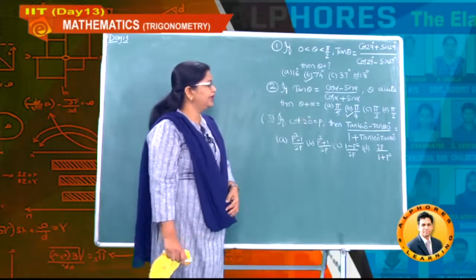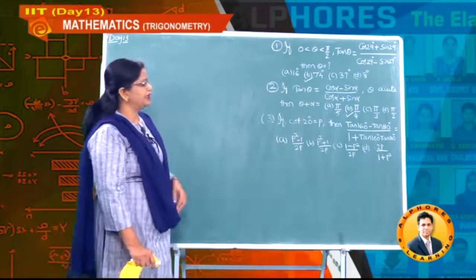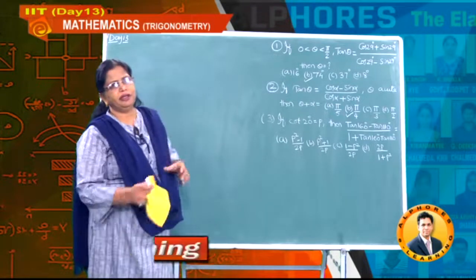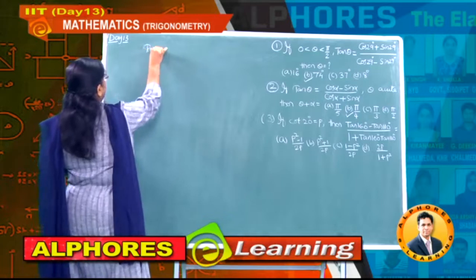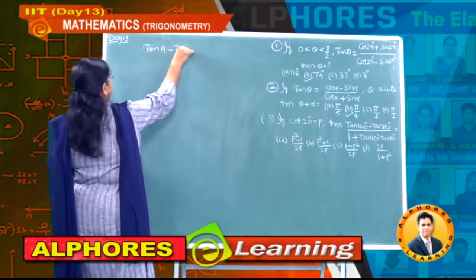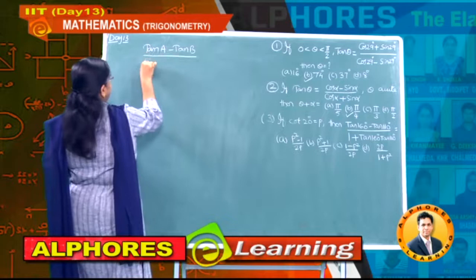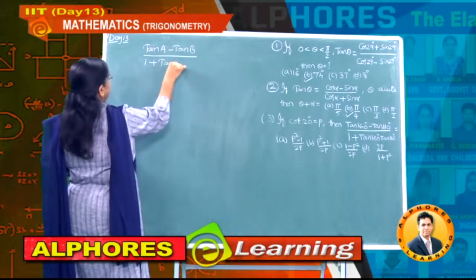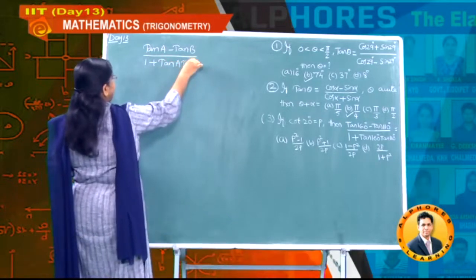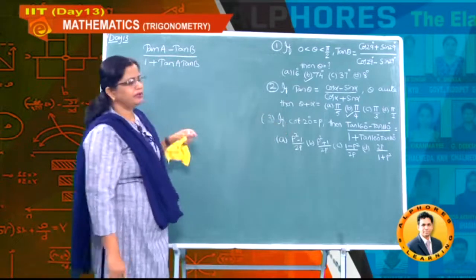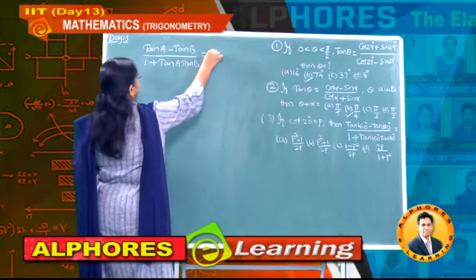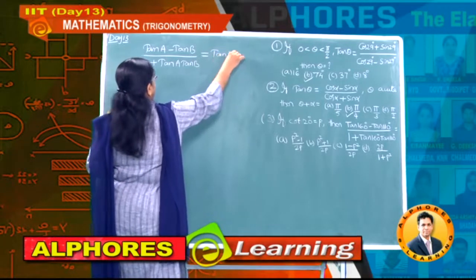If I write it as (tan A minus tan B) by (1 plus tan A tan B), the problem will be a little bit complicated. This is our formula for tan of (A minus B), and the required value is exactly of this form. What is this value actually? Tan of (A minus B).